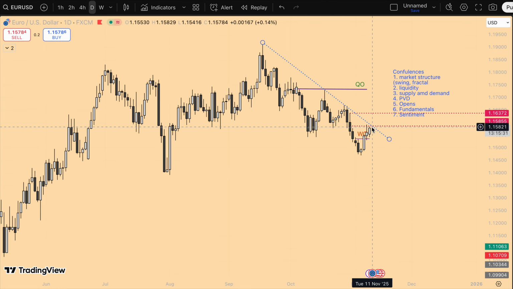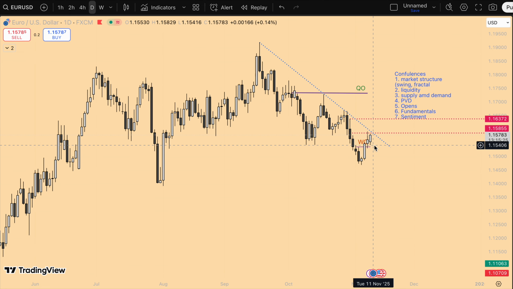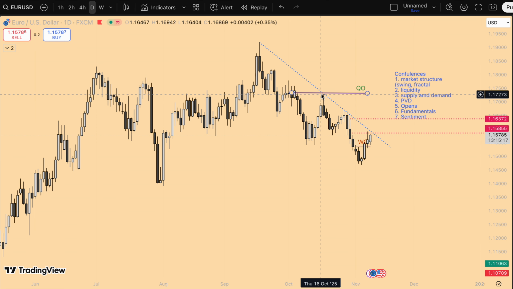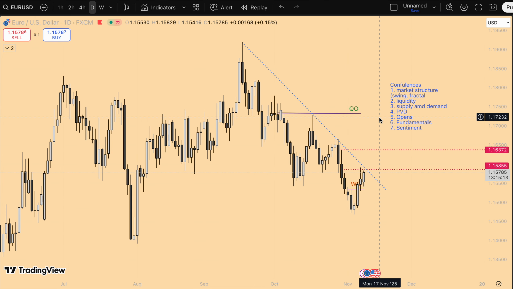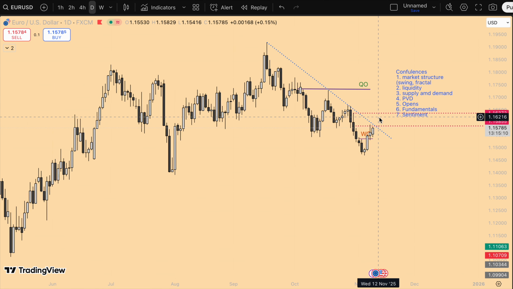So you want a break of that trend line, perhaps a fake out of the low, and then once that bullish momentum comes back into the market, you want to long it so that you can grab all of these stops right here and right here. So that is how to trade with trendline liquidity.